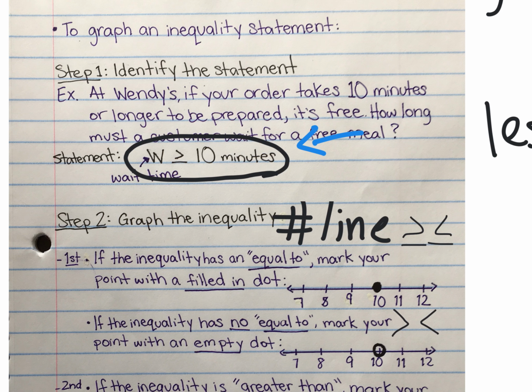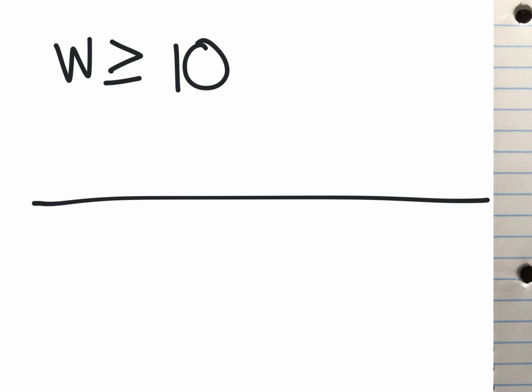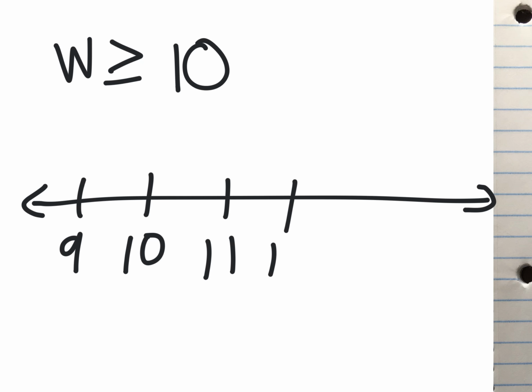So up here in our example, we had the wait time is greater than or equal to 10 minutes. If we were to place that on a number line from scratch, we know our statement is W is greater than or equal to 10 minutes. We have a number line, starting over here at 9, 10, 11, 12, 13, and so on.